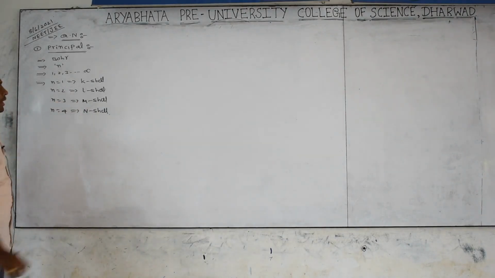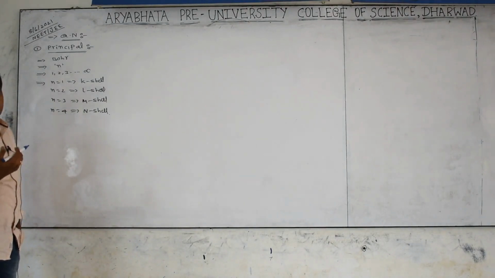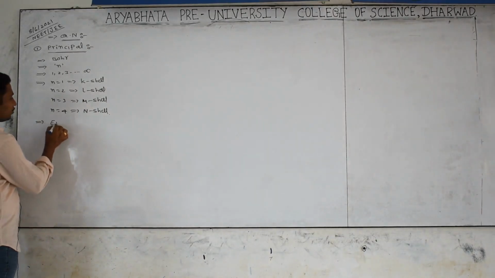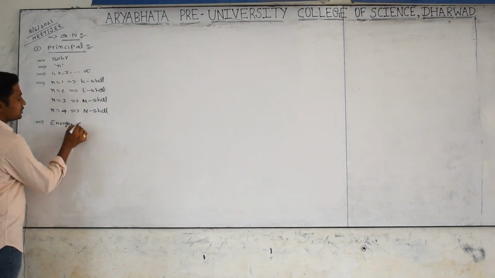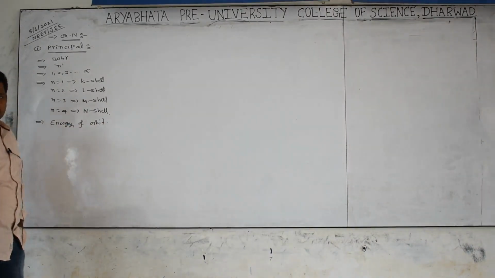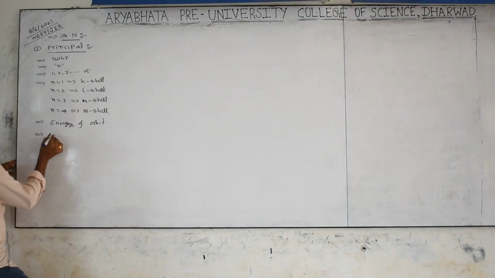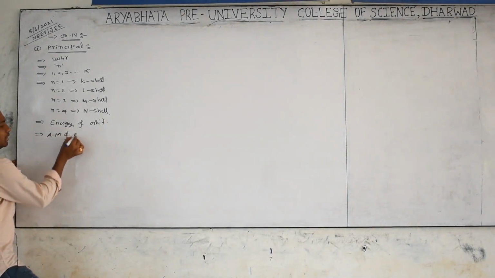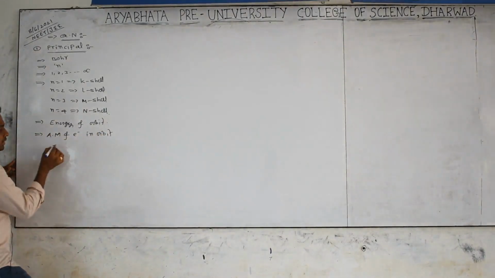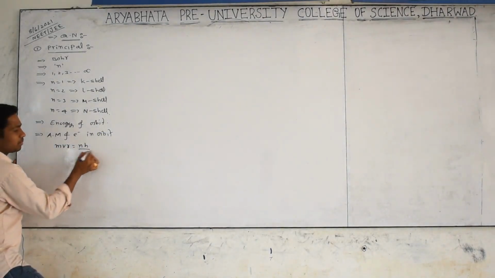All of you clear? Based on the principal quantum number, what can we tell? We can tell the energy of the orbit. We have a formula for this, and one more thing is the angular momentum of the electron in an orbit, which we can express as mvr equals nh by 2 pi.